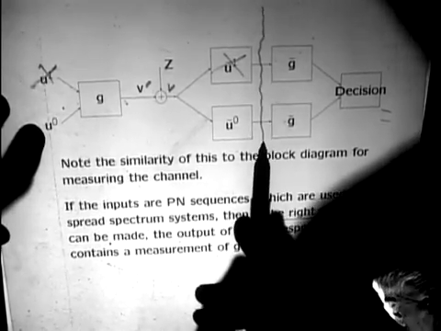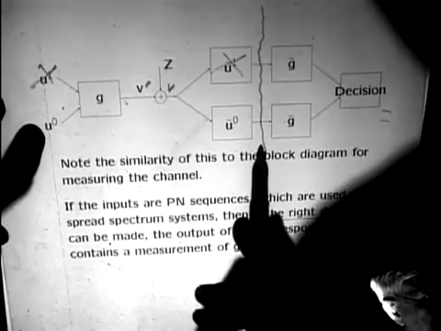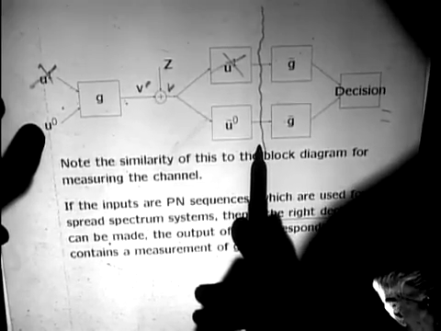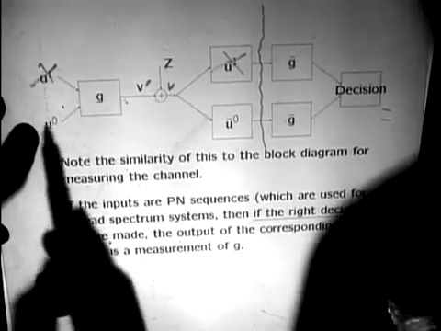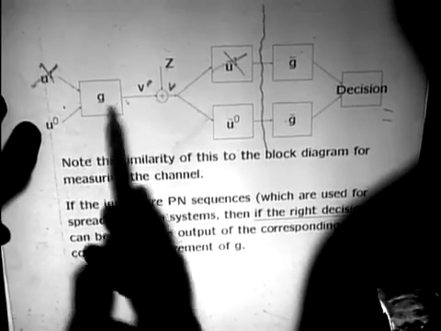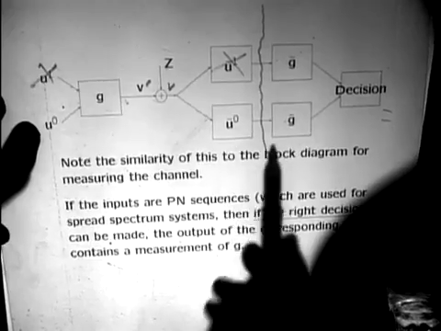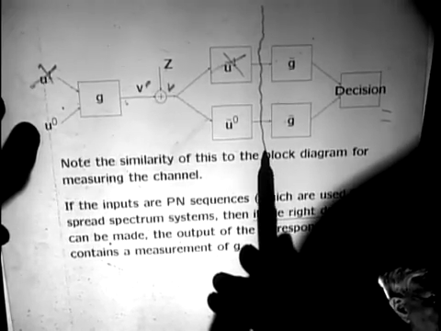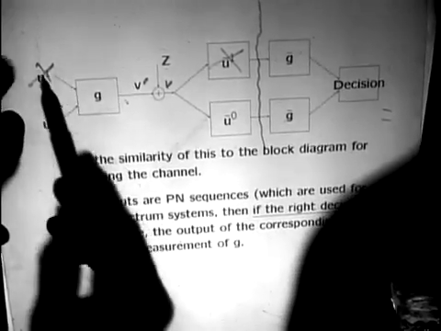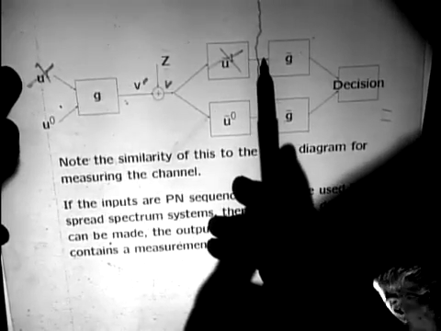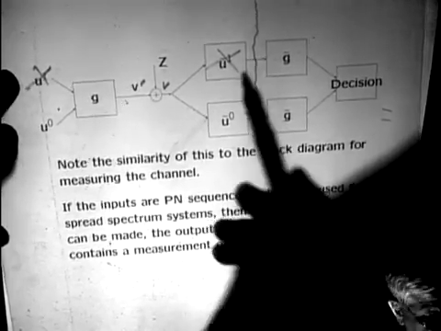And what comes out is a measurement of G. That's what we showed before, when we were trying to measure G. We started out with a PN sequence, go through G, add noise. We can't avoid the noise. Go through the matched filter. That is a measurement of G at that point there. And if we send U1, that's the measurement of G at that point there.